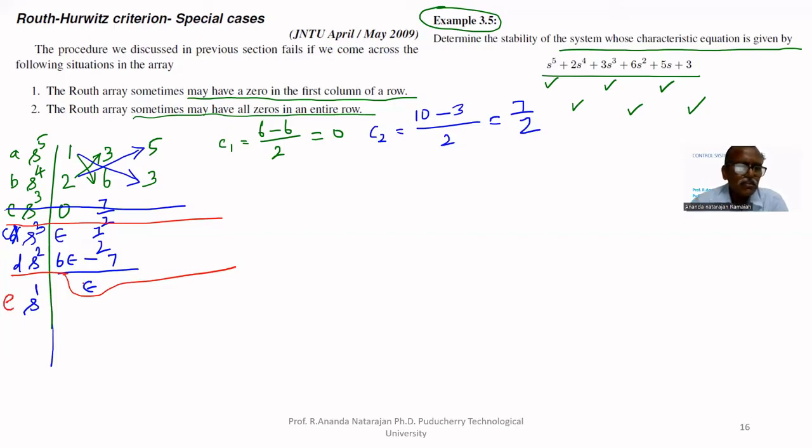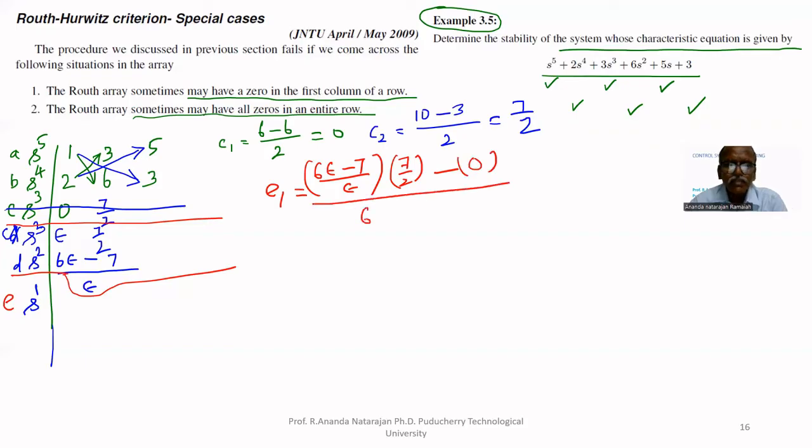So E1 equal to: we multiply 6 epsilon minus 7 divided by epsilon by 7 by 2, minus epsilon multiplied by 0, whole divided by 6 epsilon minus 7 divided by epsilon. That is equal to 7 by 2 only. The same 7 by 2 you will get.